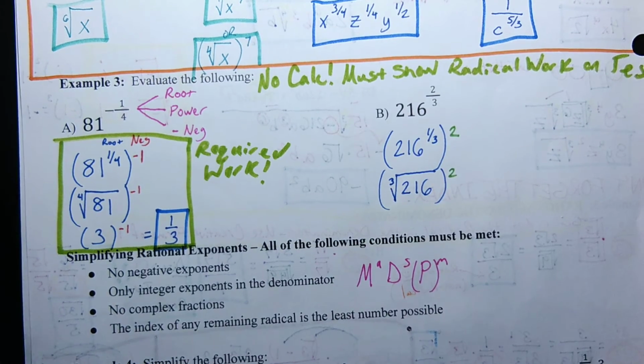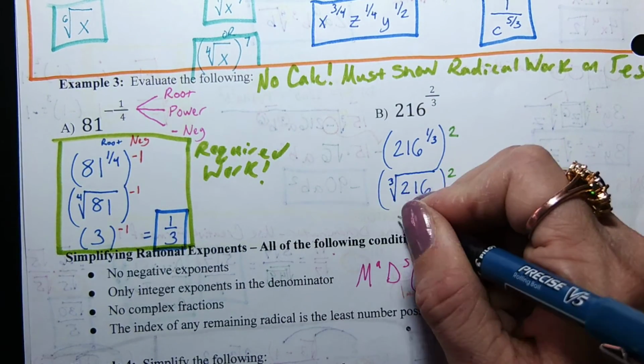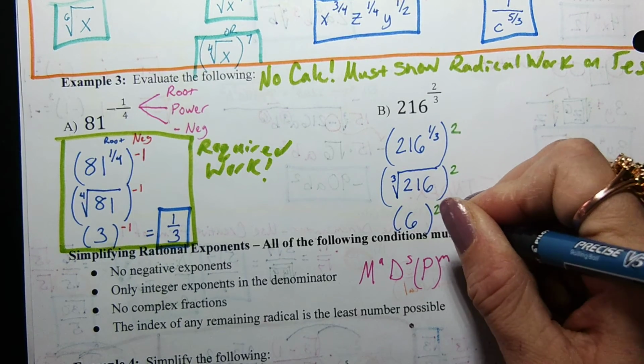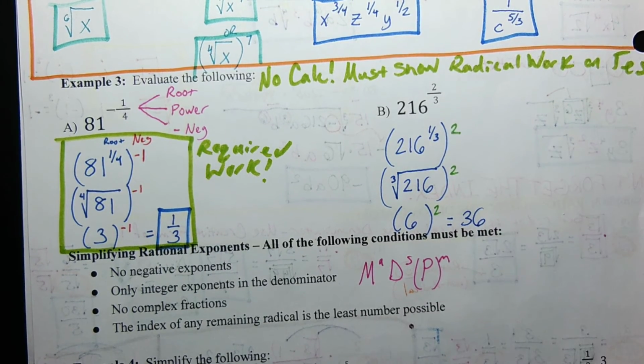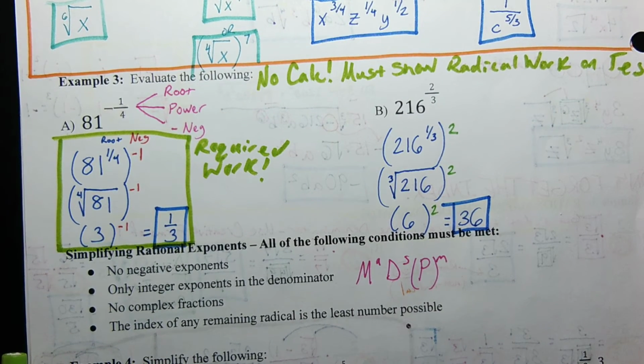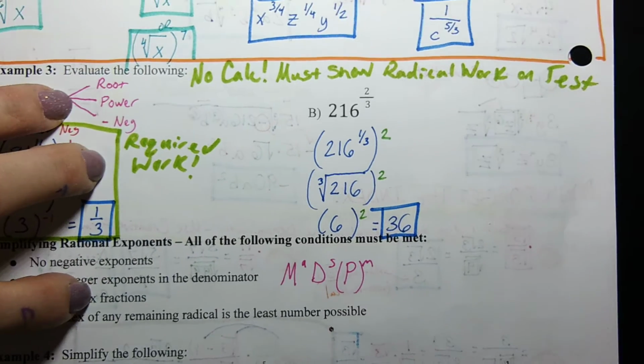So the cube root of 216 is 6. And then our final step would be to square it. So 6 squared is 36. And we did it without our calculator.